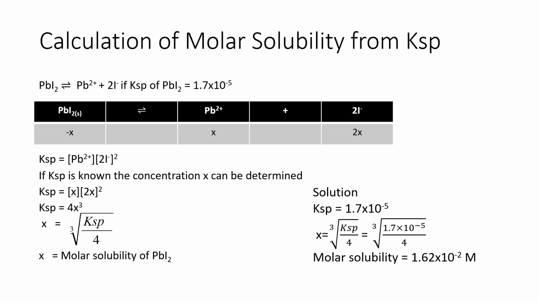So the value of X will give us the number of moles of lead ions that are soluble in the saturated solution. So that's why we can calculate the molar solubility, or the number of moles of lead iodide that is soluble in 1 liter of the solution.